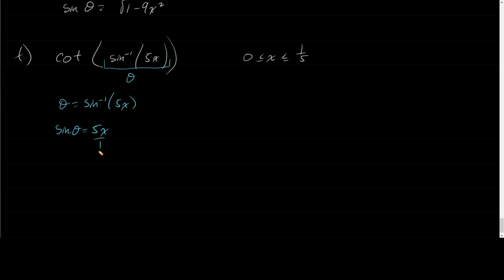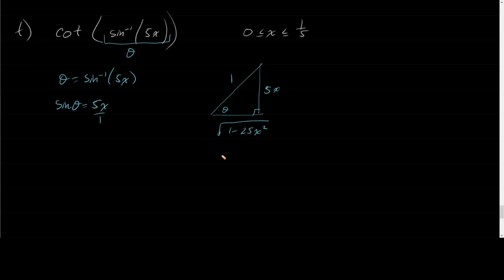So if I draw this triangle, sine is opposite over hypotenuse. So here's 5x, here's 1. And from the Pythagorean theorem, that would tell me that this side over here is the square root of 1 minus 25x squared, right? And I'm looking for cotangent of that angle.